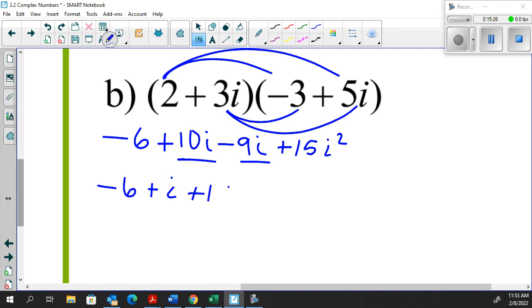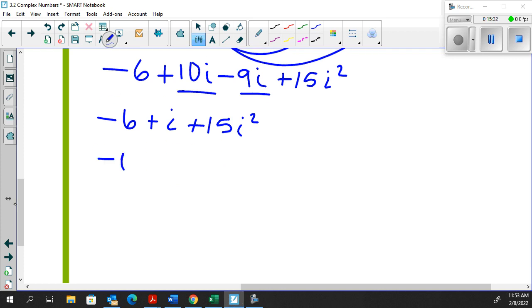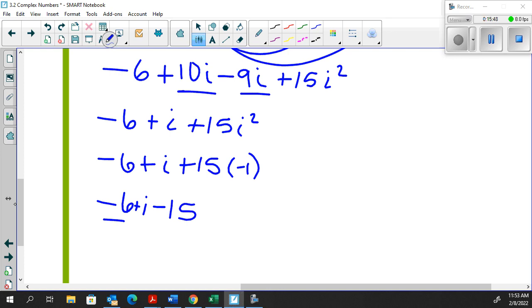But what is i squared? Negative 1. So that turns into 15 times negative 1, which just makes it negative. So it's negative 6 plus i minus 15. I can combine some like terms in the end here. Negative 6, negative 15, put those together.